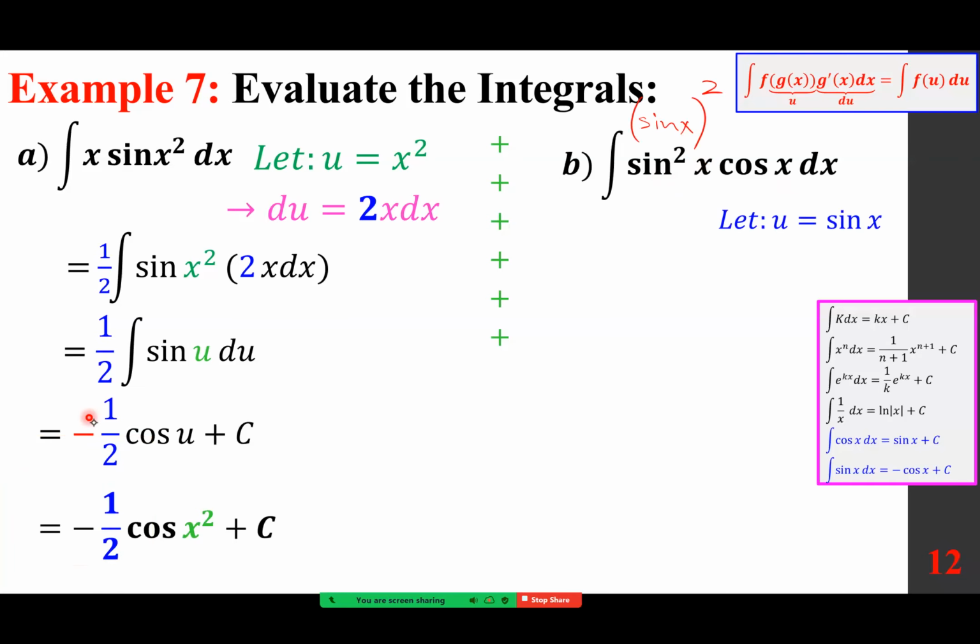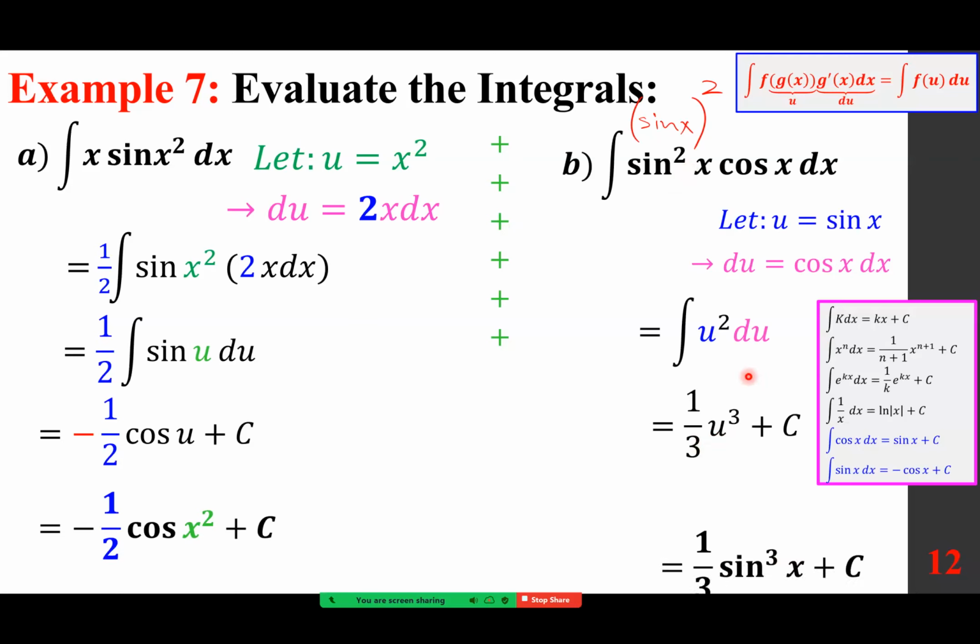And the derivative of sine x is cosine x, therefore du is cosine x dx. So let's rewrite this as the integral of u squared du, and that uses the power rule, 1/3 u cubed plus a constant. So 1/3 sine x to the power of 3, which we can write as sine cubed x plus a constant.